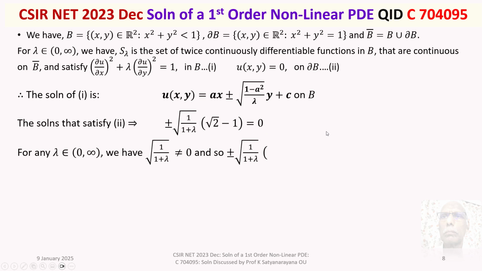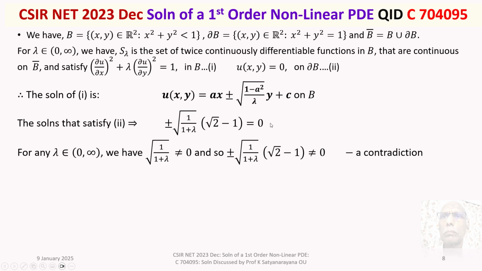A contradiction. So for any lambda belongs to 0 to infinity, we have under the square root of 1 by 1 plus lambda not equal to 0. So in this plus or minus under the square root of 1 by 1 plus lambda multiplied by root 2 minus 1, and root 2 minus 1 not 0, therefore the product is not 0, but we have it is 0. A contradiction to the above one.